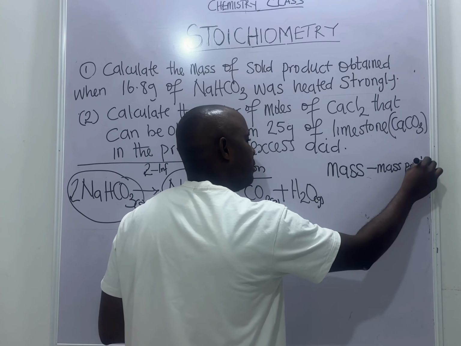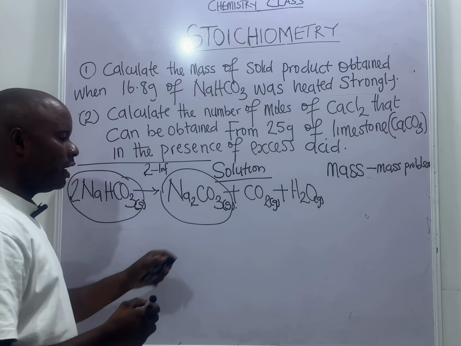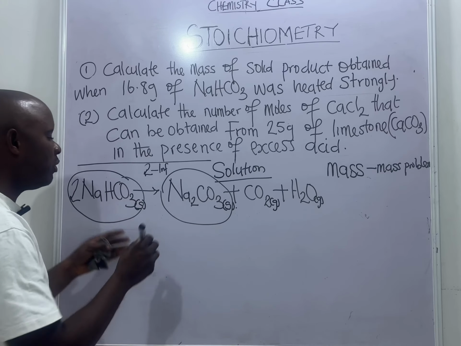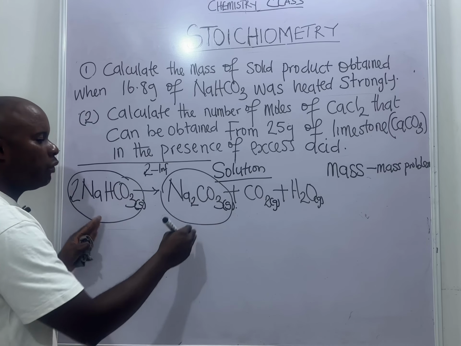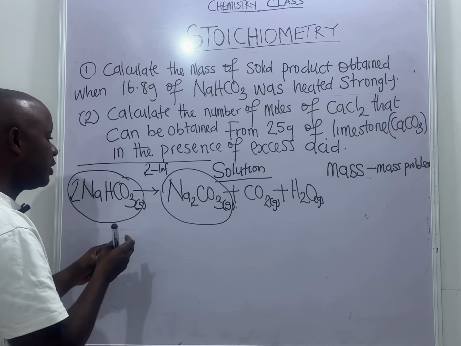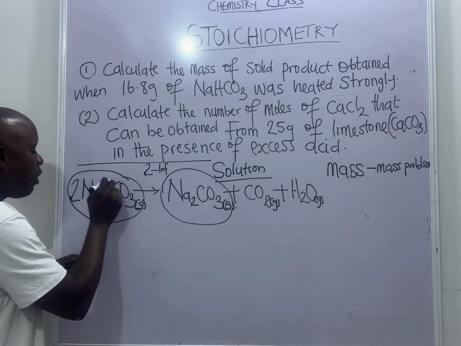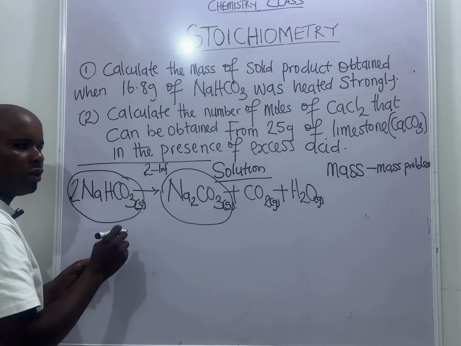So the first step is to have a balanced chemical equation. The other step is that we must know the molar mass of each of these compounds. The relative atomic masses of all the elements give what is known as the molar mass.